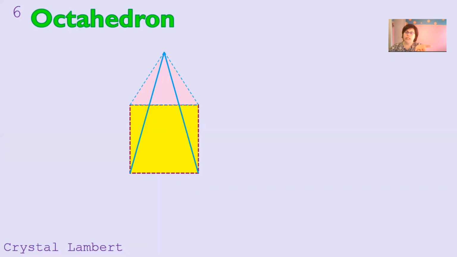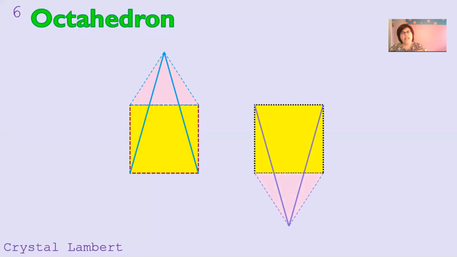With the octahedron, you have to add a second pyramid, and this one is upside down. They share what we think of as the base, a shared surface between the two pyramids. There are 4 sides, or 4 faces.